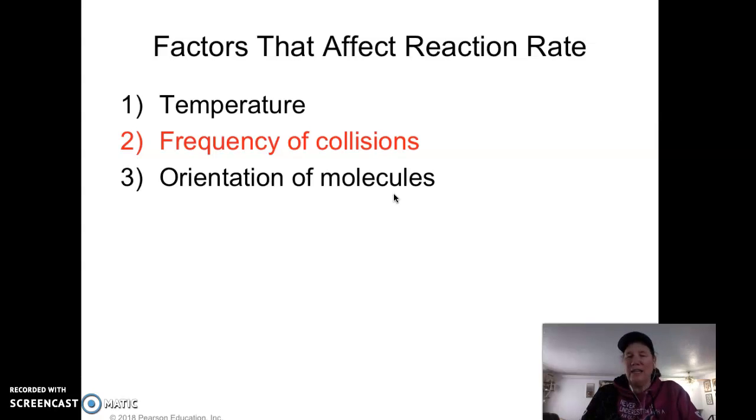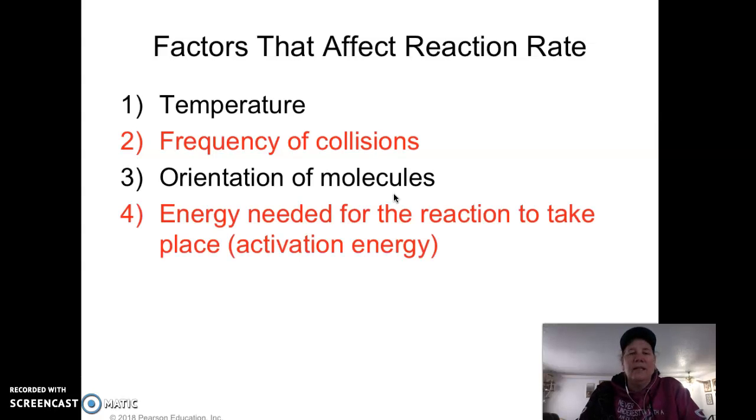If you have a positive and a negative, they're attracted to each other. We want them to bang into each other, so we don't want them to have the same. And then something called activation energy, and that one I'll talk more about. But activation energy is the energy that you need to overcome in order for the reaction to occur. Some reactions occur spontaneously. You put two things together and the reaction just happens.